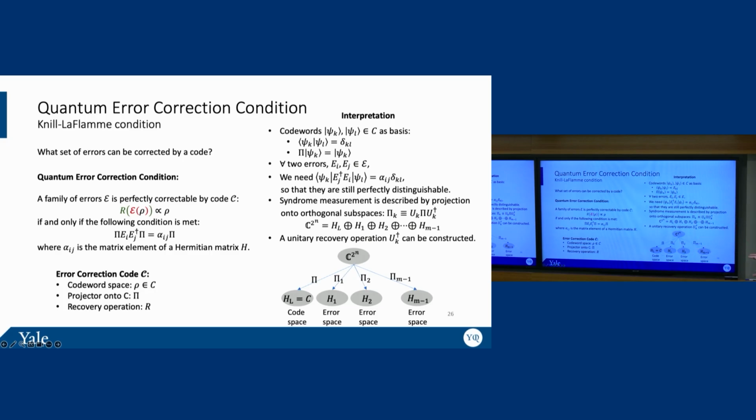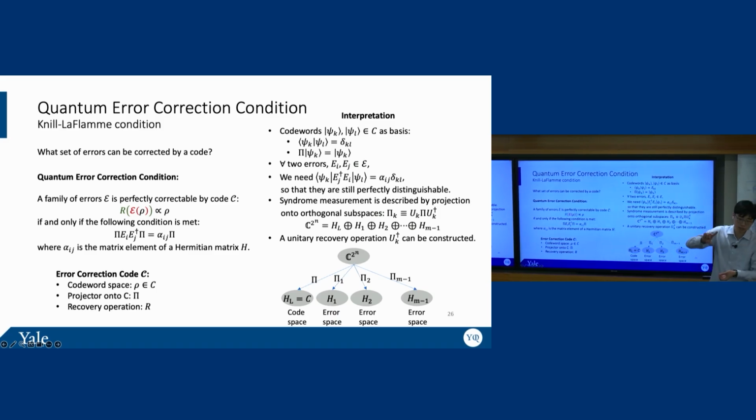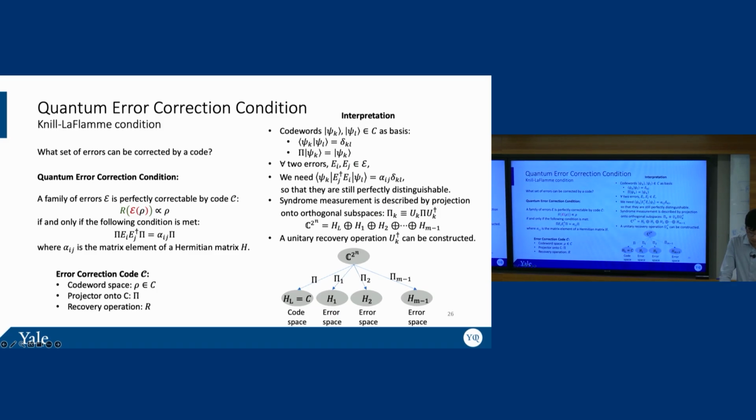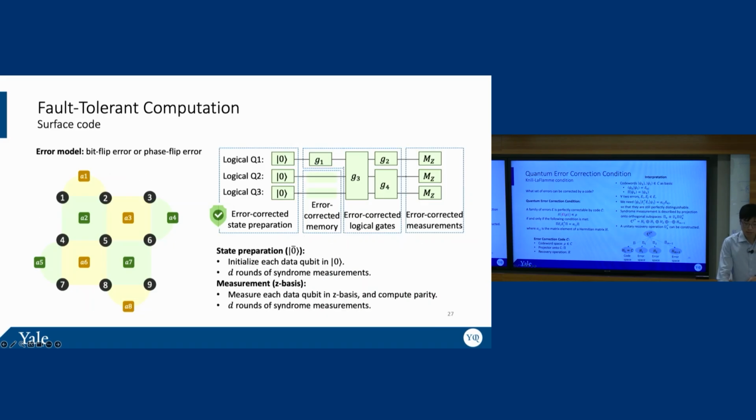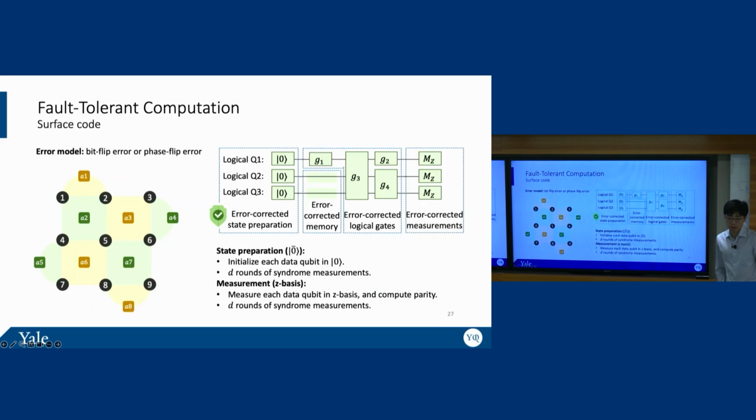Recall that a unitary operation preserves the angle between the vectors. So if it's correctable, meaning that we can use a unitary recovery operation, the basis operation has to stay orthogonal. Okay, so this is the mathematical definition of what is correctable.